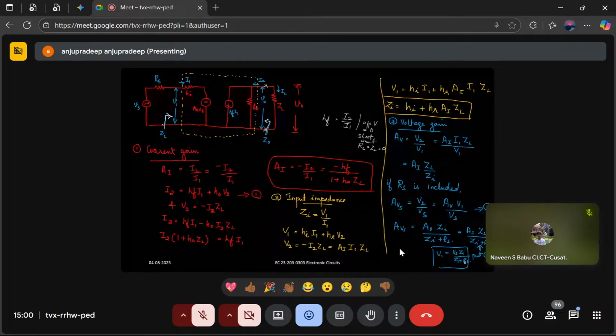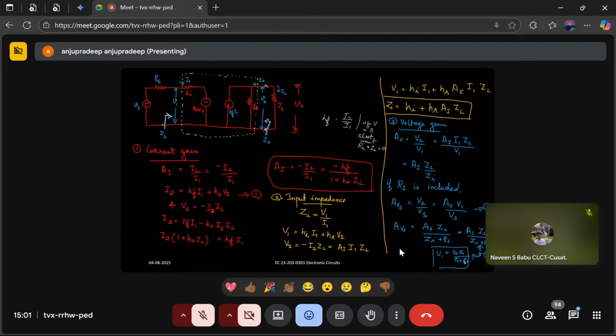Please respond. Yes, ma'am. Okay. See, this will be asked for exam. Derive all these things. So the first thing you have to do is derive current gain. So AI is equal to minus of HF divided by 1 plus HO into ZL.